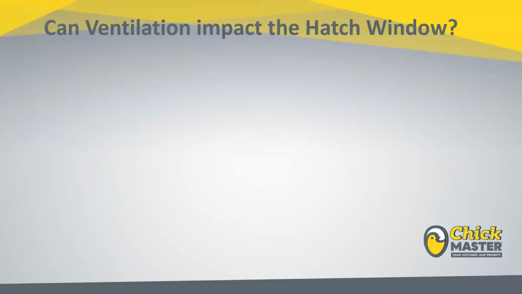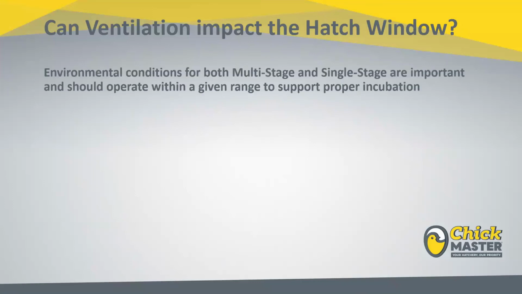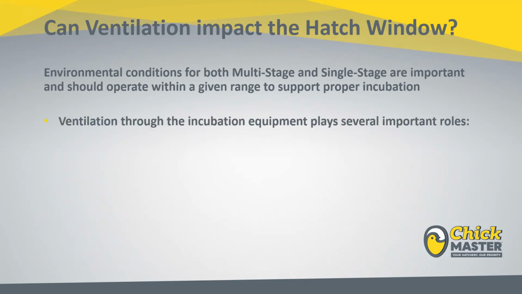Another thing that can impact hatch window is obviously ventilation. We recognize that environmental conditions for both multi-stage and single stage are important and should operate within a given range to support proper incubation.